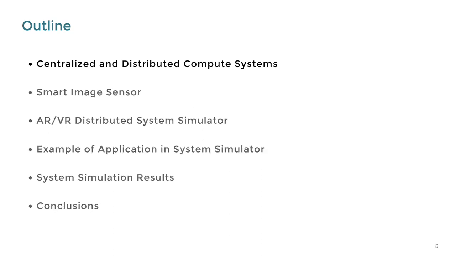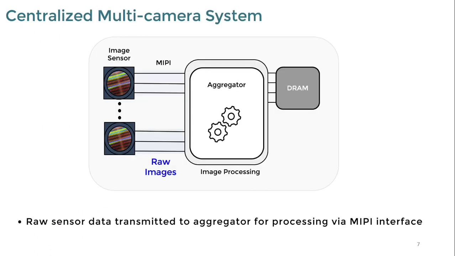So let's get started with the centralized and distributed compute systems. Here, I'm showing a multi-camera system in which we have the image sensor that sends the raw sensor image data through the serial interface, typically MIPI, to the processing unit, in this case, the aggregator.